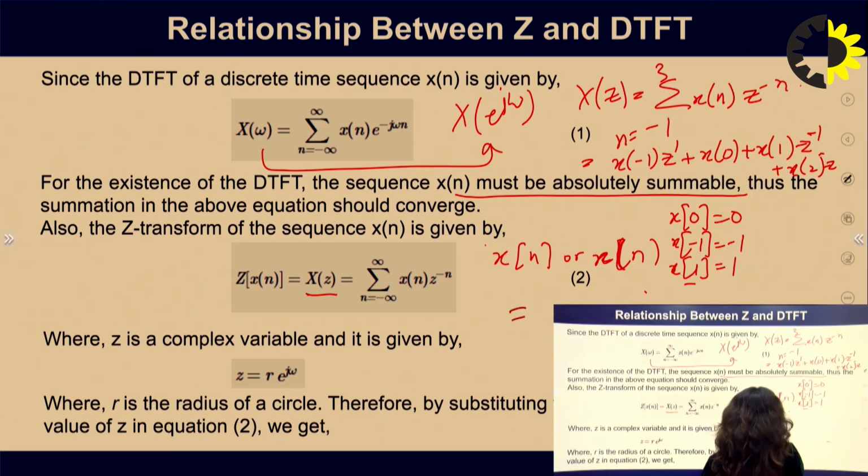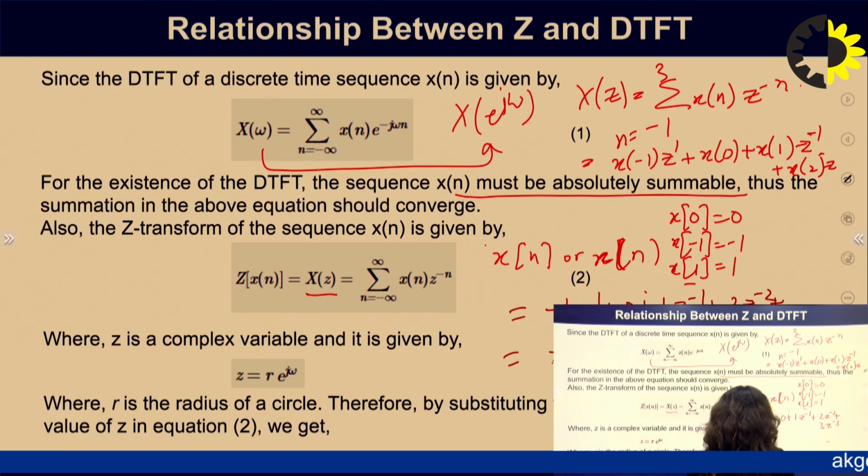When you put the values, x[-1] is minus 1, so minus 1 times z to the power 1, plus 0, plus 1 times z to the power minus 1, plus 2 times z to the power minus 2, plus 3 times z to the power minus 3. We have the value minus z plus z inverse plus 2 z to the power minus 2 plus 3 z to the power minus 3.